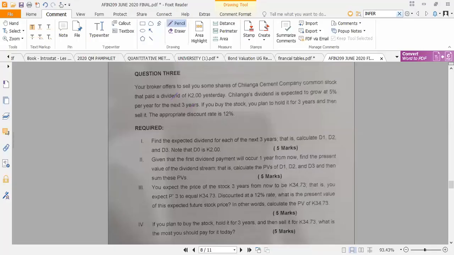So we have a broker who offers to sell some shares of Chilanga Cement common stock that paid a dividend yesterday. The dividend is expected to grow at 5% for the next 3 years. If you buy the stock and you plan to hold it for 3 years and sell it, the appropriate discount rate is 12%. So the 2 is our D0, right?